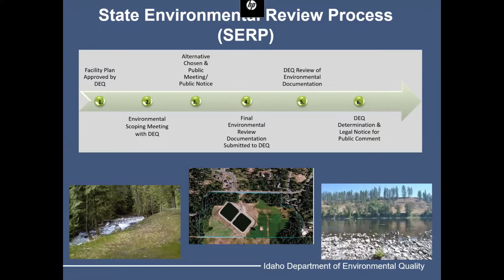They'll choose one and then get together any documentation that's needed for a final environmental review. And then we will review that documentation, make sure everything is there, and then issue a determination on a legal notice for public comment if it's a FONSI, or just as posted for review if needed.